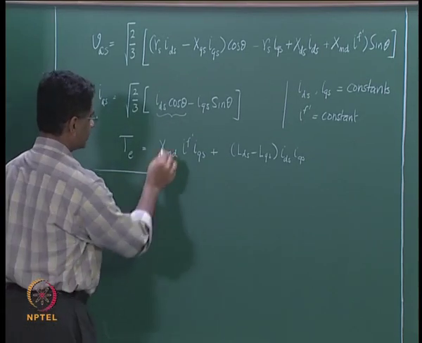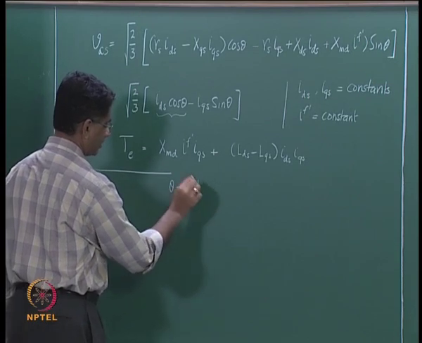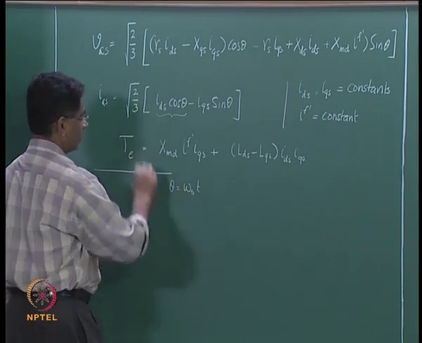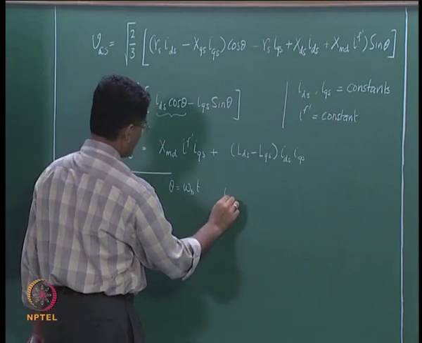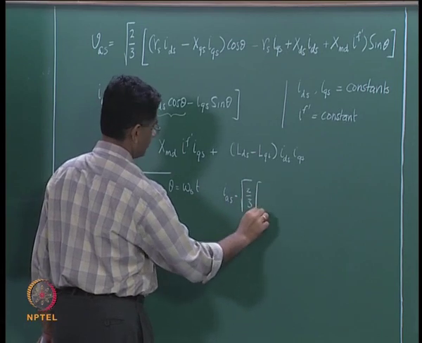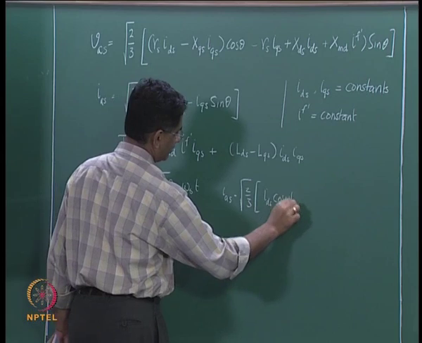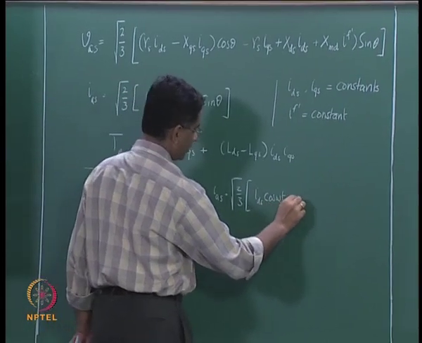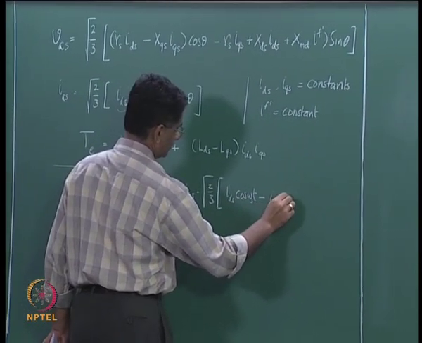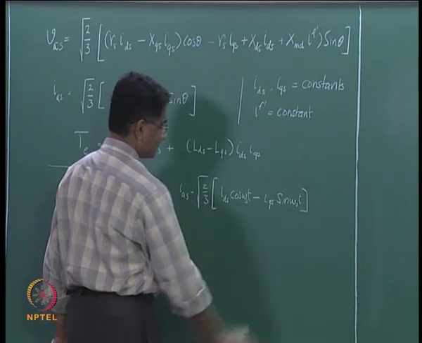Since theta is equal to omega synchronous multiplied by time, IAS is root of 2 by 3 times IDS into cos omega t minus IQS into sin of omega s into t.